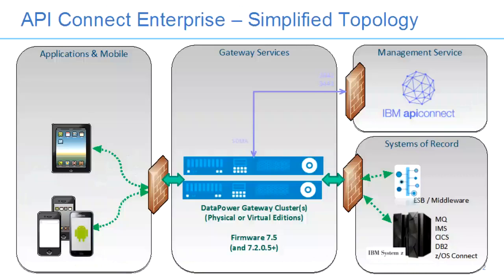The one thing that's worth mentioning here is that API Connect does require DataPower Firmware 7.5. The reason is that we wanted to have the latest and greatest and made some DataPower firmware changes in order to provide the new set of capabilities that we're going to be talking about today.